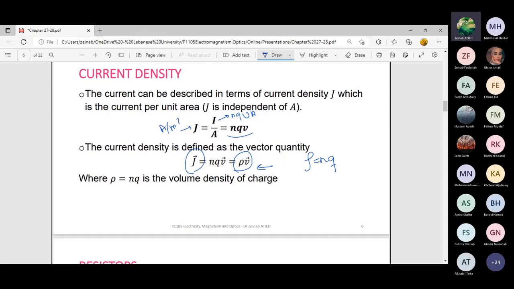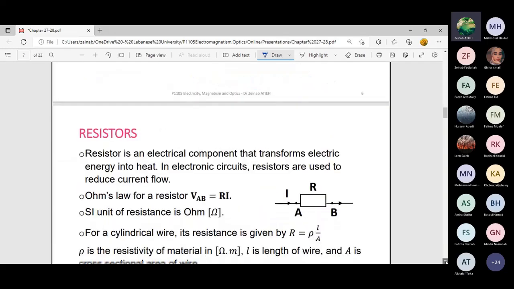So number charge density multiplied by Q gives rho. That's it. So this is for current density. In the last few years, we did not ask about the current density. We used to ask about it, but we never asked about it recently, and I think this year we won't ask about it, because I'm just explaining it for you.